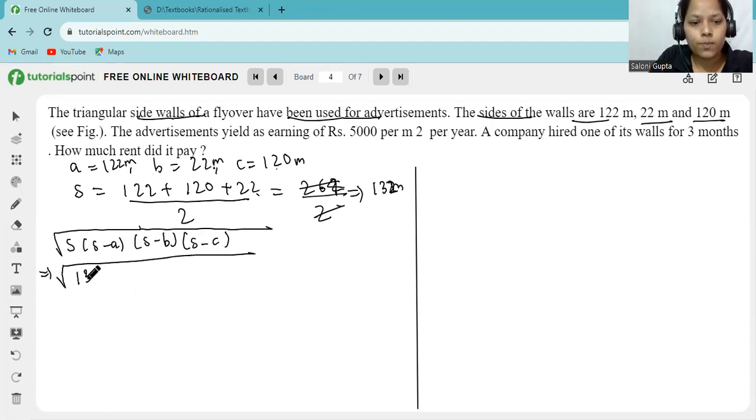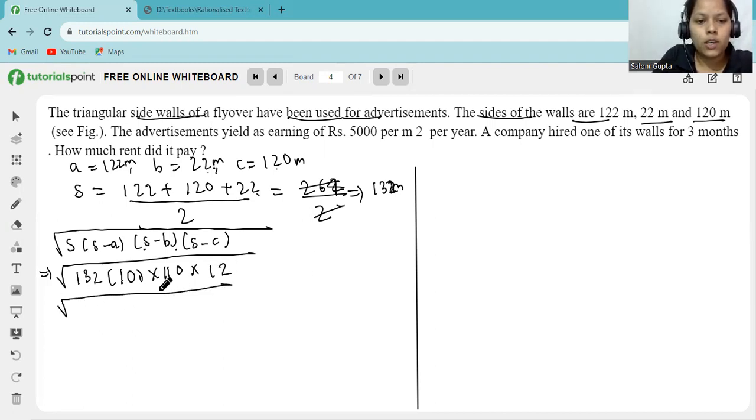So 132, bracket 132 minus 122. This will give you 10 meter. Right, and then S minus B, that is 132 minus 22, which will give you 110. Then 132 minus 120, so this will give you 12.